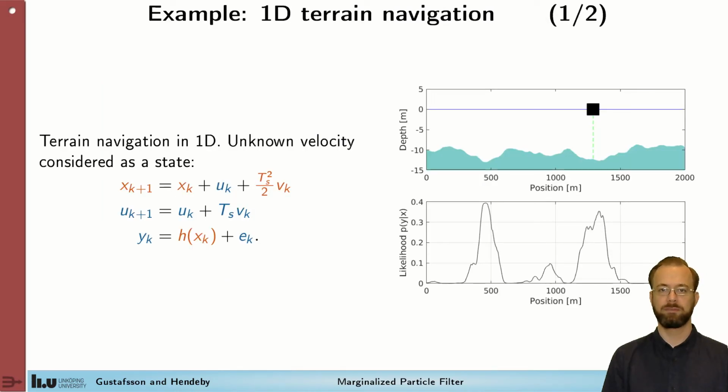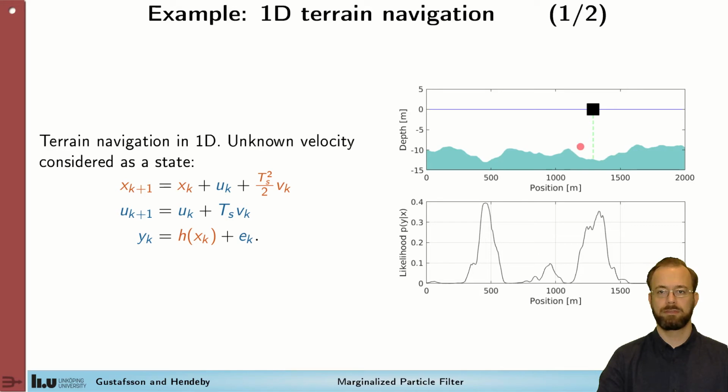I'll exemplify this with the 1D terrain navigation example, and this is more or less the same example as you've seen before for the particle filter. The thing here is that we measure the distance down to the ground from the thing that we want to position, and by having motions here, we can see that if the distance down to the ground changes in a certain way, we can only be in a certain position.